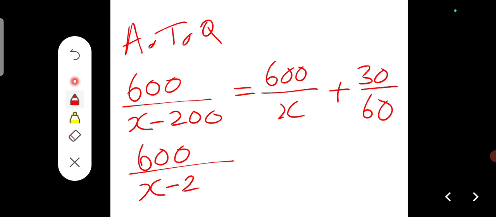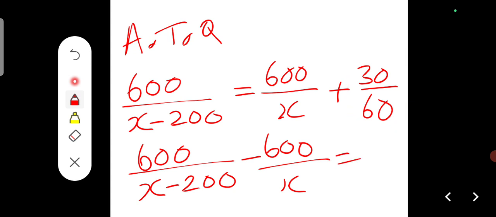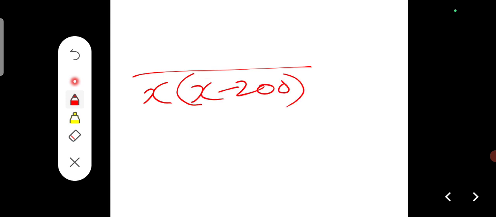So 600 by x minus 200, we are bringing the x term, minus 600 by x, from the right hand side to the left hand side. Then when you simplify this, 1 by 2. We are solving this by cross multiplication method. x into x minus 200.